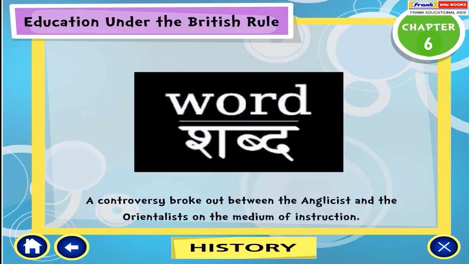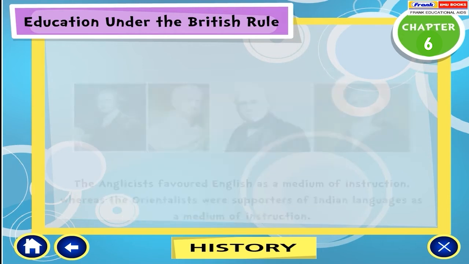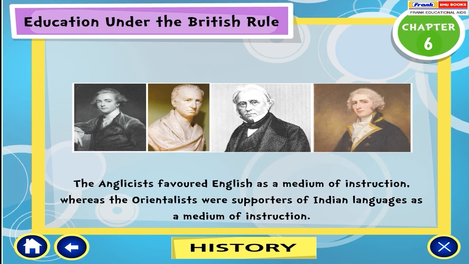A controversy broke out between the Anglicists and the Orientalists on the medium of instruction. The Anglicists favored English as a medium of instruction, whereas the Orientalists were supporters of Indian languages as a medium of instruction.